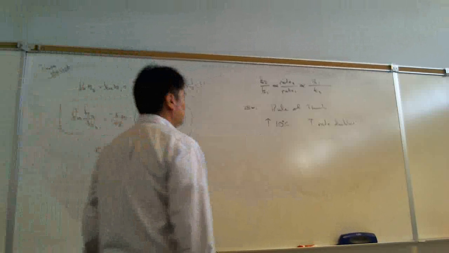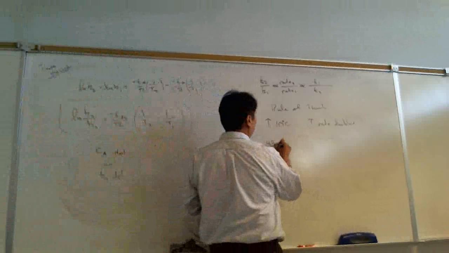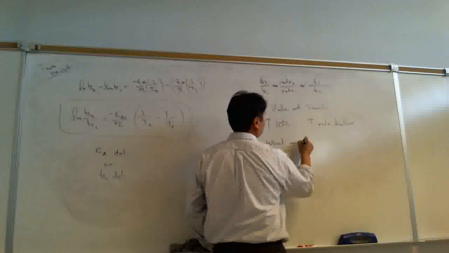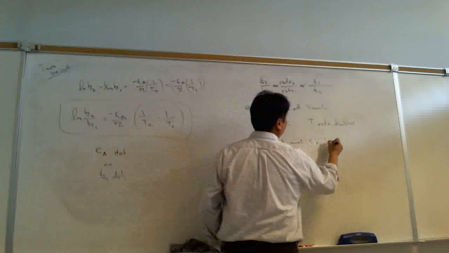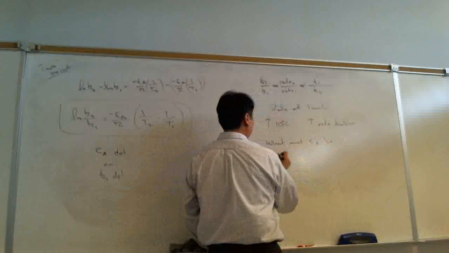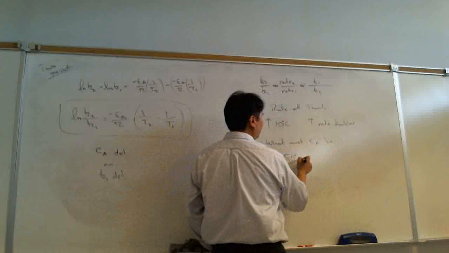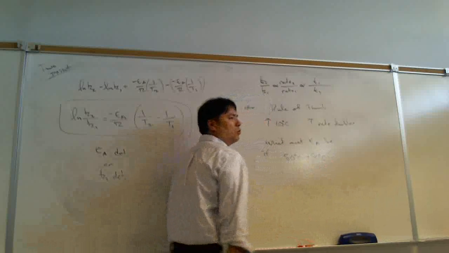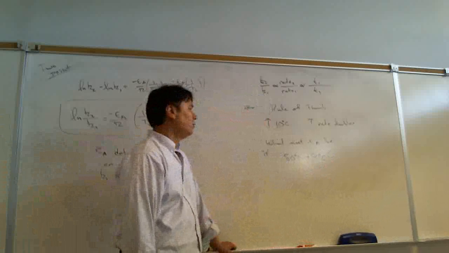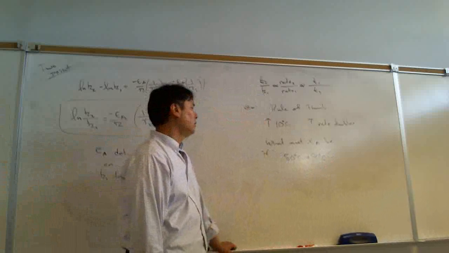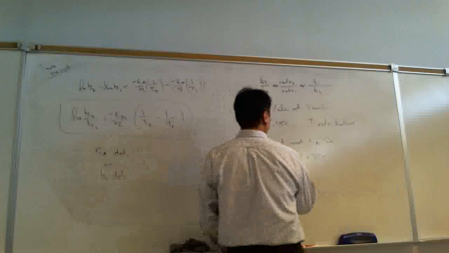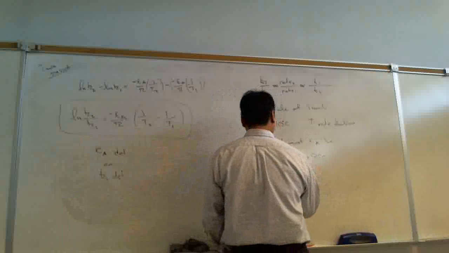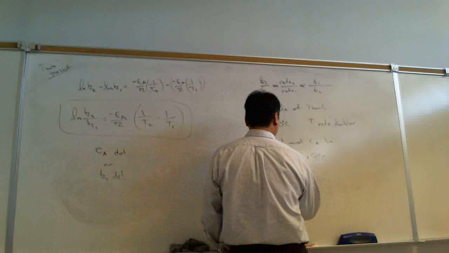And so let's try this. What must EA be if, let's say, we went from 80 degrees C to 90 degrees C? So we increase the temperature of the water by 10 degrees C. We want the rate to double. And so what must EA be if 80 to 90 degrees C doubles the rate?